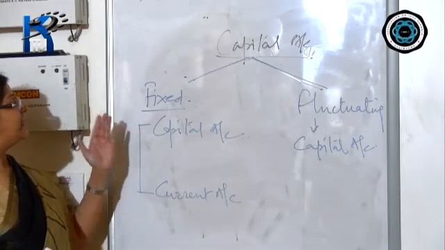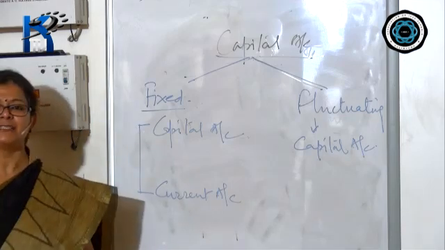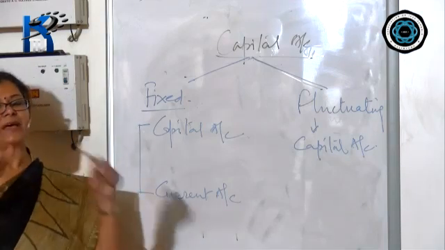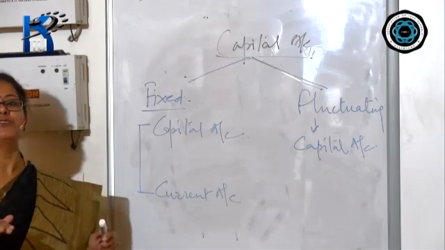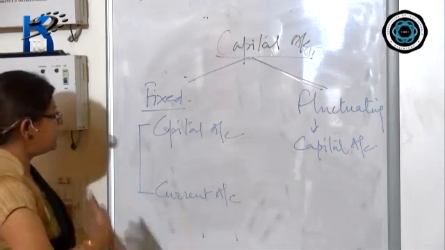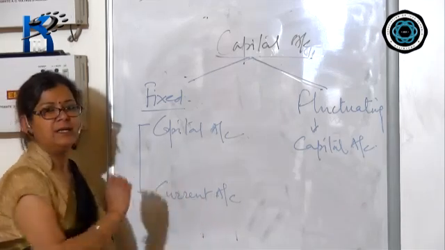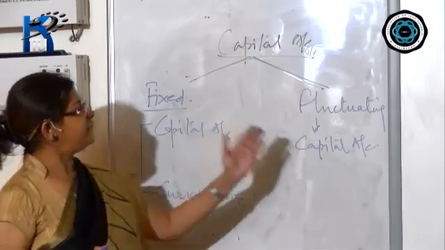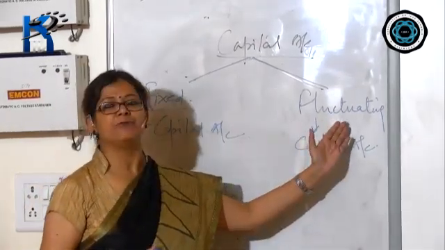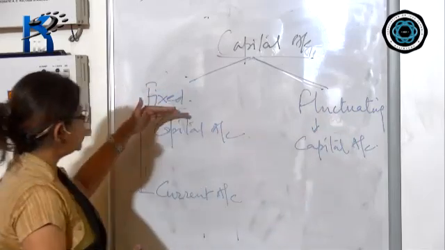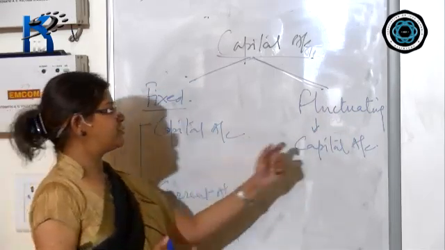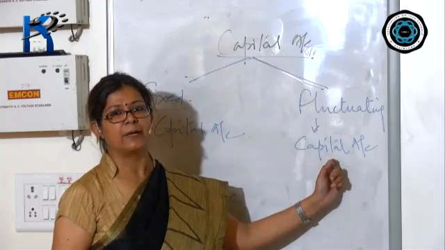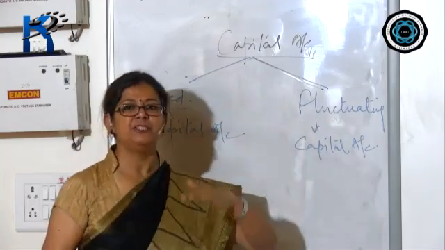Fixed means the initial capital that has been invested by the partners should be untouched. That should remain as it is, and all the other aspects come into the current account. Whereas when we talk about the capital account in case of the fluctuating method, both these accounts are clubbed together to form a capital account. Fluctuating means changing.